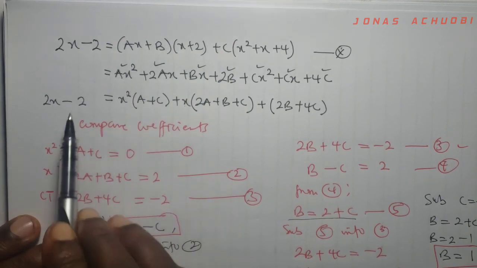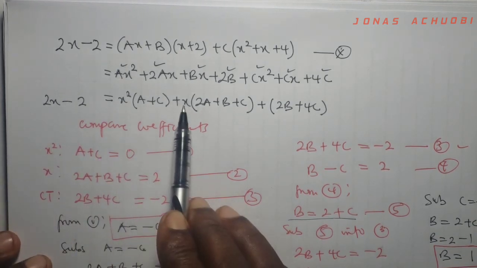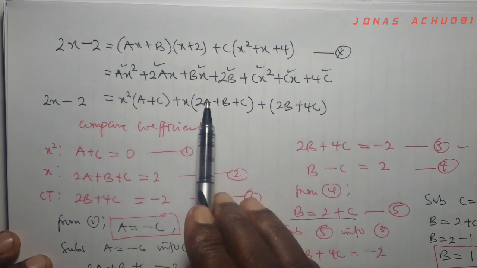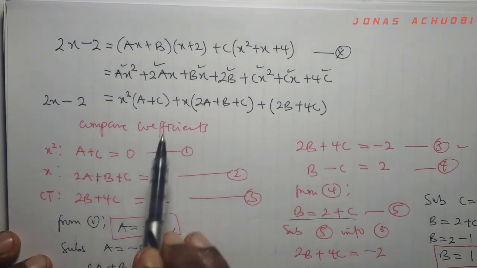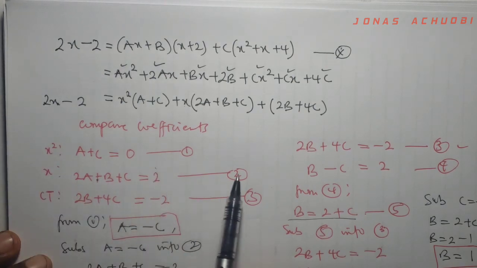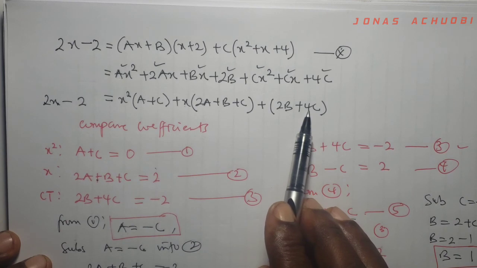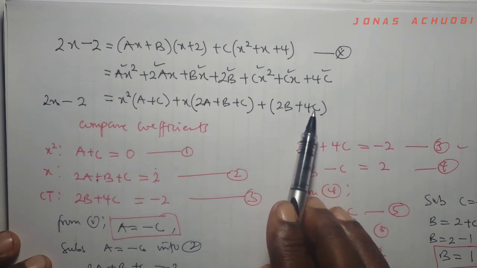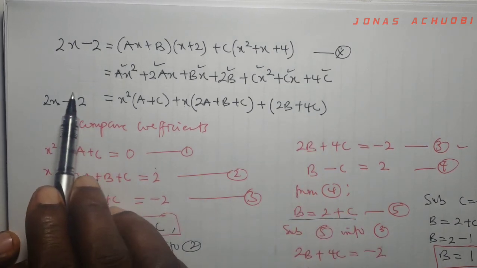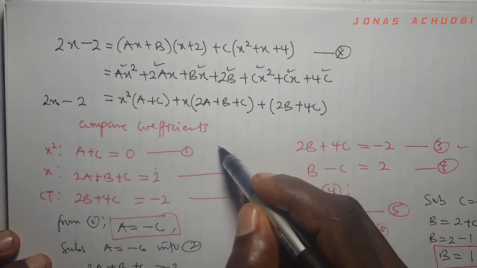On the left hand side there is no x squared, so it is equal to 0. We now move to the x coefficient, which is 2a plus b plus c. On the left the coefficient of x is 2, so equal to 2. The next is the constant term, the term without the x. So 2b plus 4c equal to minus 2.